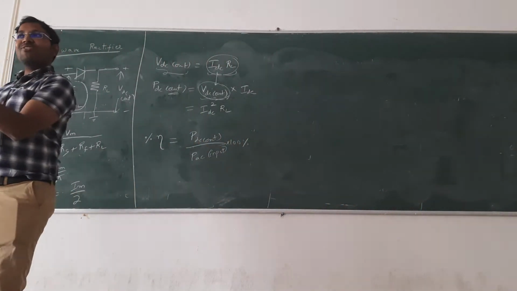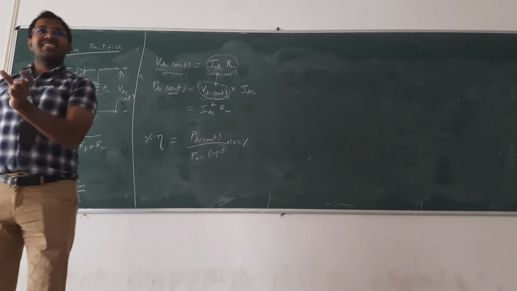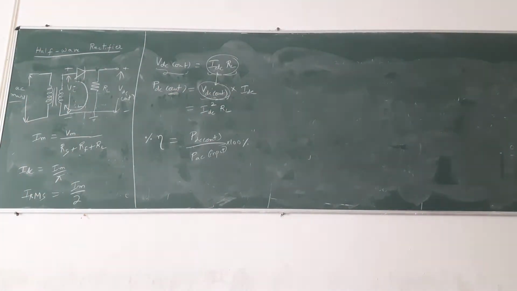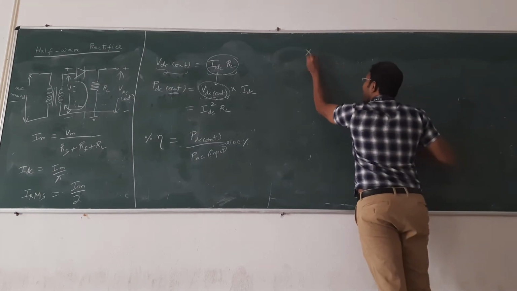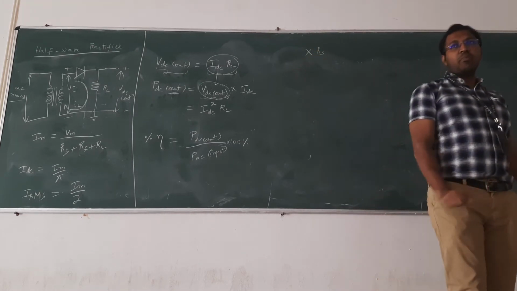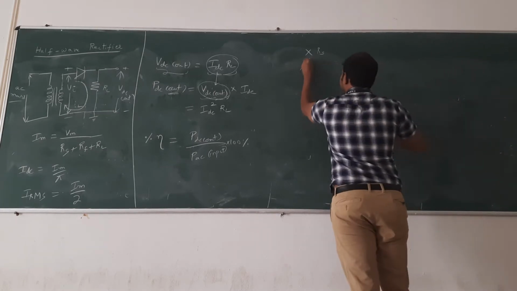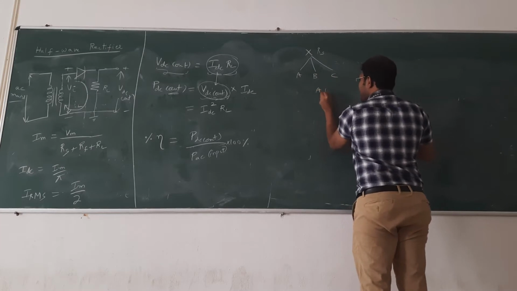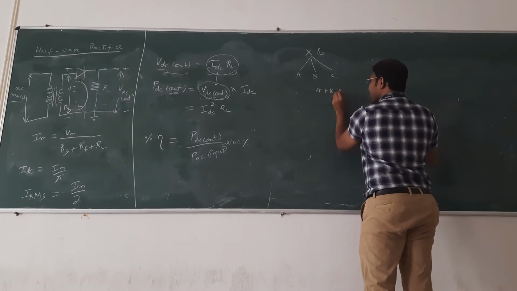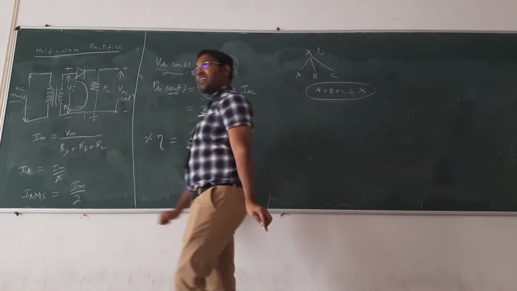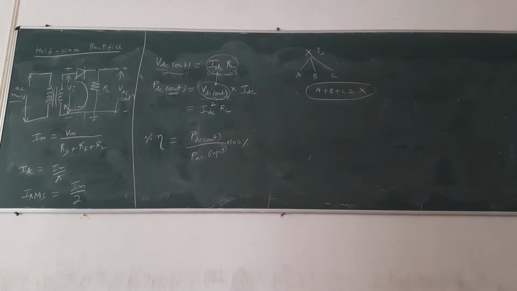If you add up the individual share that each child is getting, that will be equal to how much? Say the shares are A, B, C. So A plus B plus C will be equal to X.